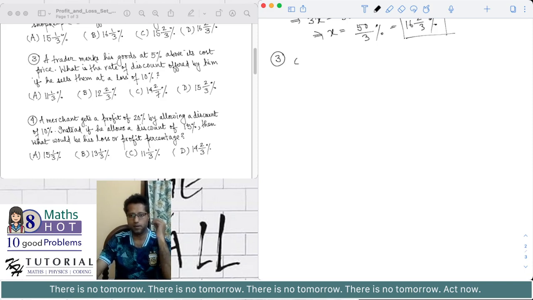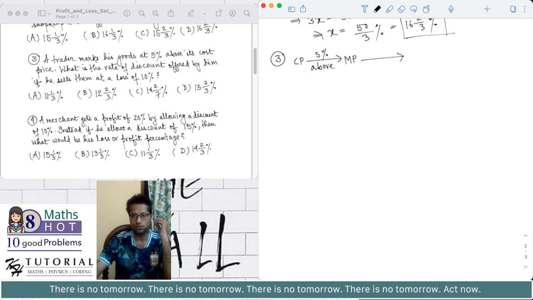Let's quickly, as and when you read the problem, do this kind of drawing, it will give you a better understanding. So the mark price is 5% above the cost price. What is the rate of discount offered by him if he sells them at a loss of 10%?